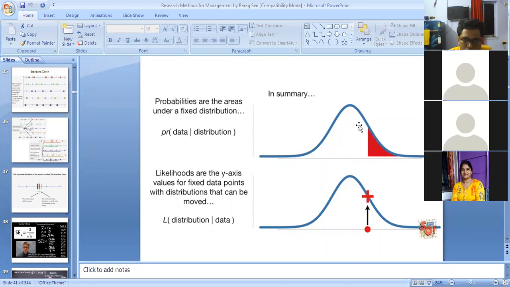This particular line on the x-axis is representing your 45 days, and your mean value is, suppose, 43 days. Now if you are asked what is the probability that the project will be completed within 45 days, then how will you find out that value?